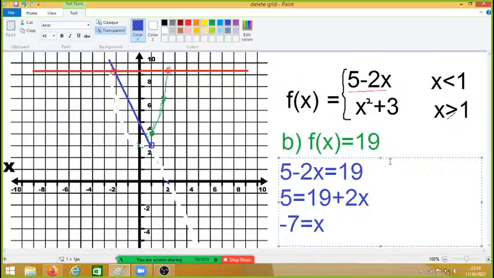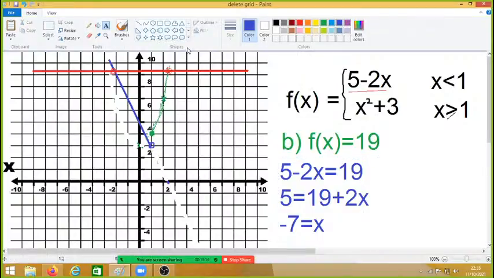Try the second one yourself. Can you think what the first line would be? I need to try and find this point here. Y is 19, so I've imagined that I've gone up and drawn a line going straight across at 19. If you can think of what the equation would be to begin with, type it into the chat box.